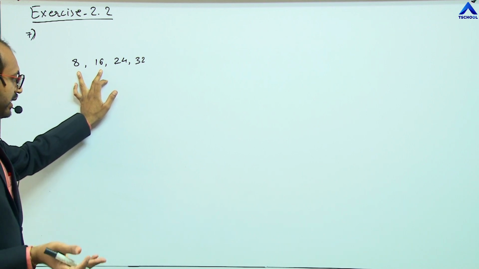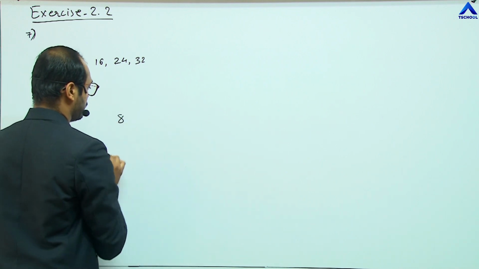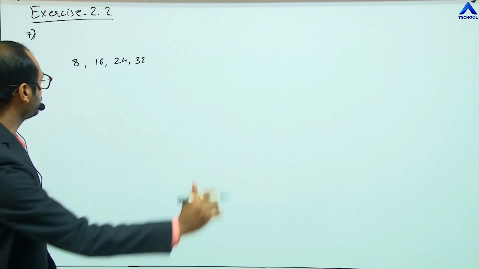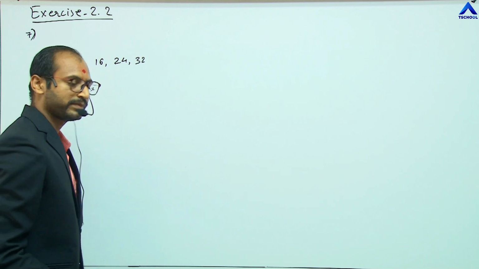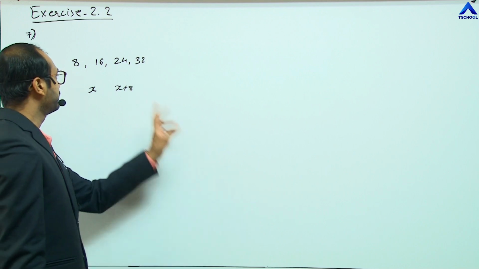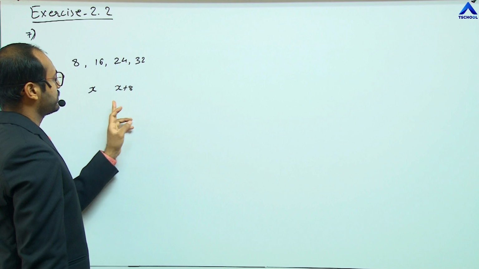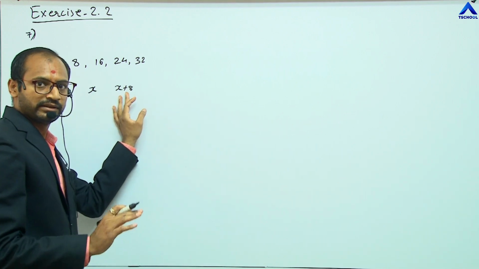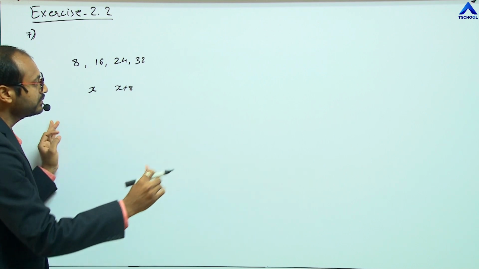So for 3 consecutive multiples of 8, suppose the first multiple of 8 is x. Then what is the next multiple of 8? We have to write x plus 8, because all are separated by a distance of 8. So let me add 8 to get the next consecutive multiple of 8.